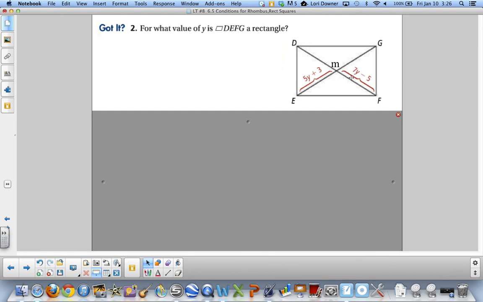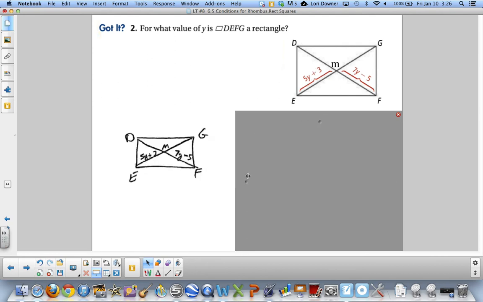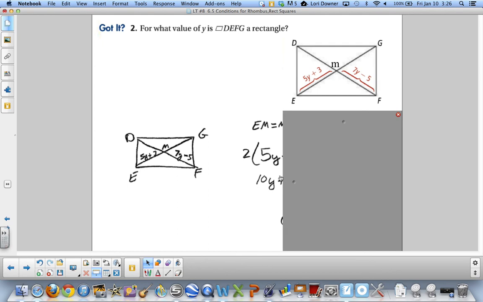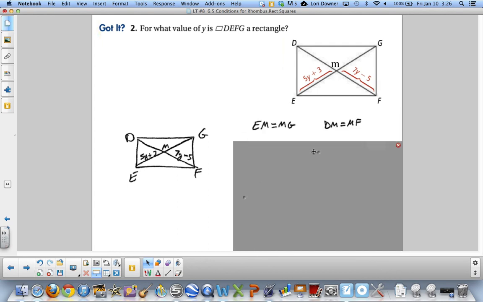So this 7y minus 5 is also up here, and this 5y plus 3 is also up here. In our diagram, EM is equal to MG, and DM is equal to MF.